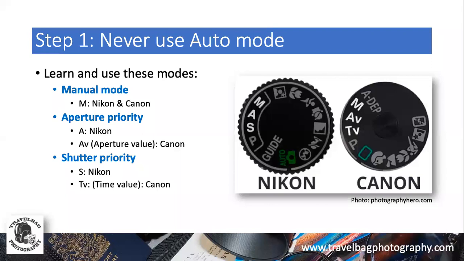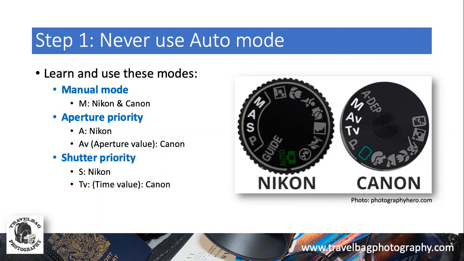Step number 1, never use auto mode. If you have a good camera, like any DSLR or any mirrorless camera that's out there right now, and you're using auto mode, it's like buying a minivan for 2 people.